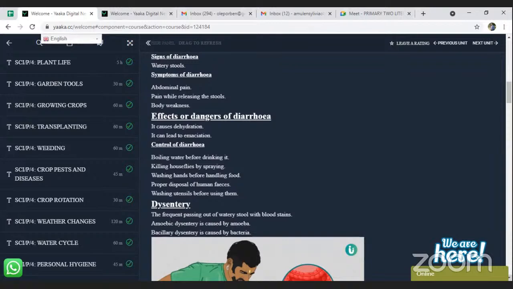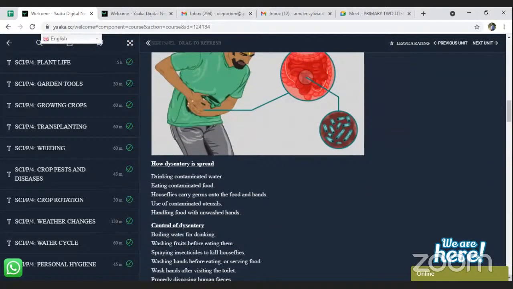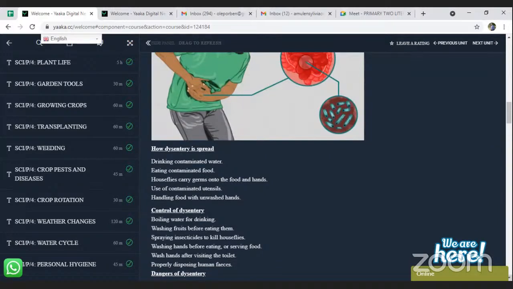So the rest of the things are really moving on well. You can continue. How dysentery is spread: drinking contaminated water, eating contaminated food, houseflies carry germs onto the food and hands, use of contaminated utensils, handling food with unwashed hands.